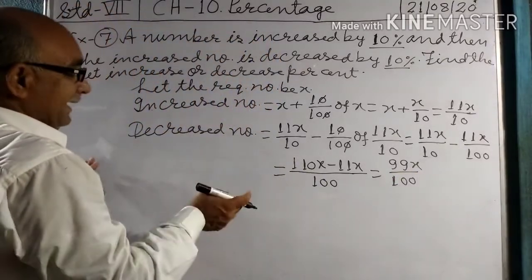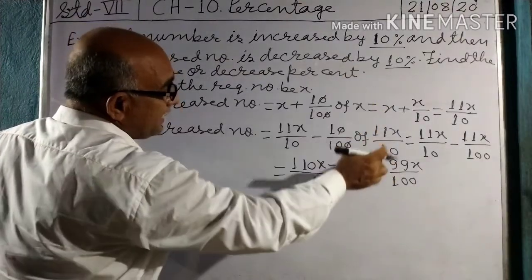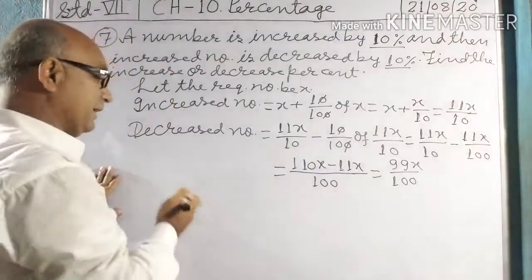Now net decrease. The number is changed from x to 99x by 100.